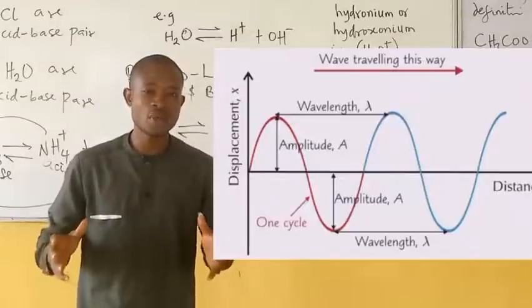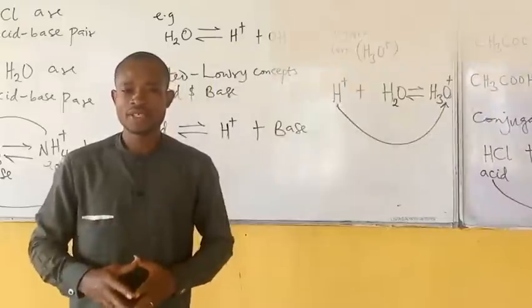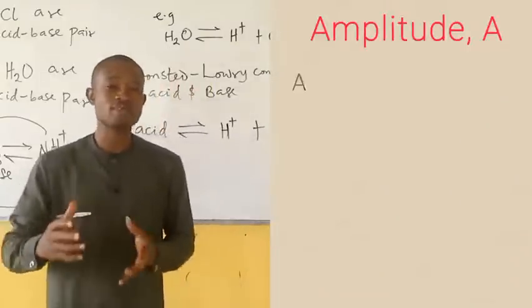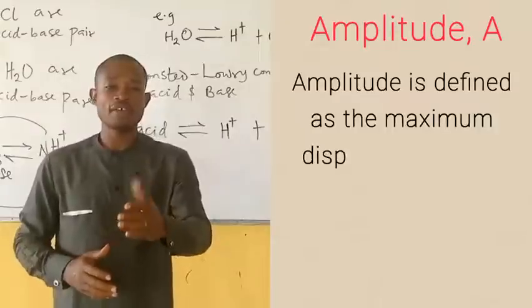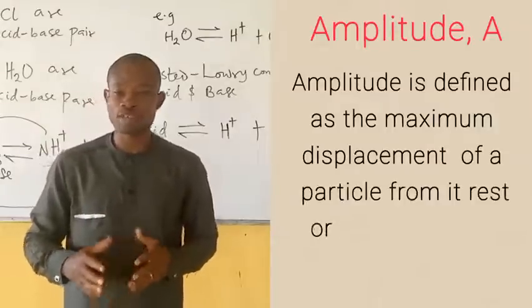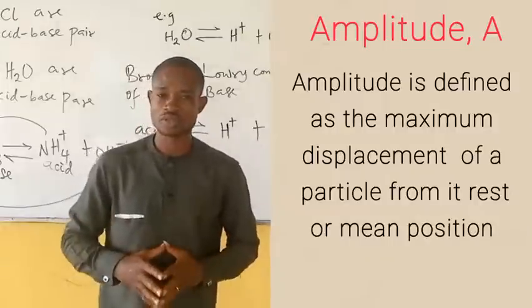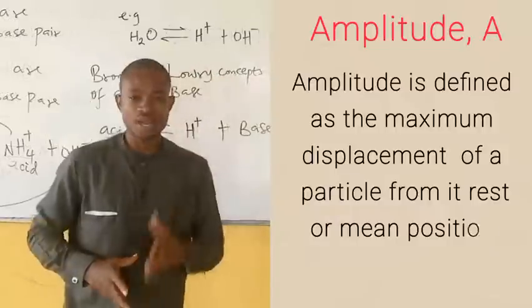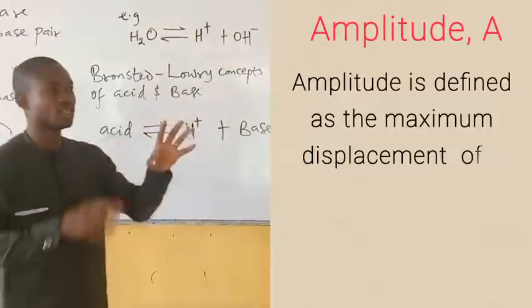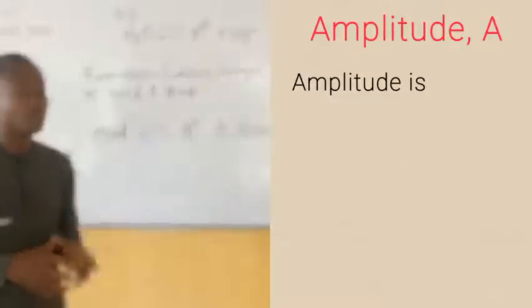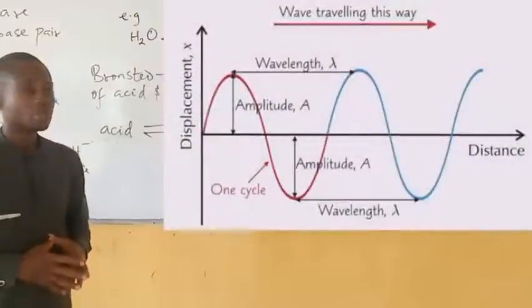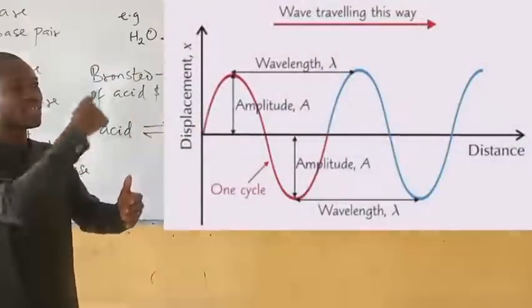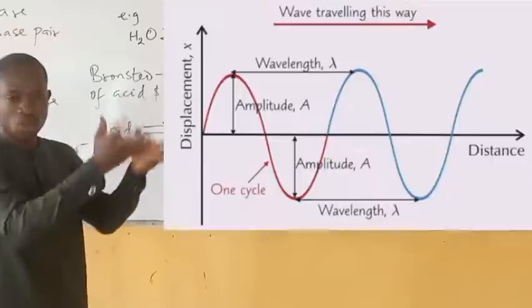What is wave amplitude? This is defined as the maximum displacement of a wave from its mean position, from its rest position. That is what the amplitude of a wave is. I'd like you to take a look once again at this graphical representation of our progressive wave. Now you notice that there is a sinusoidal waveform shown.